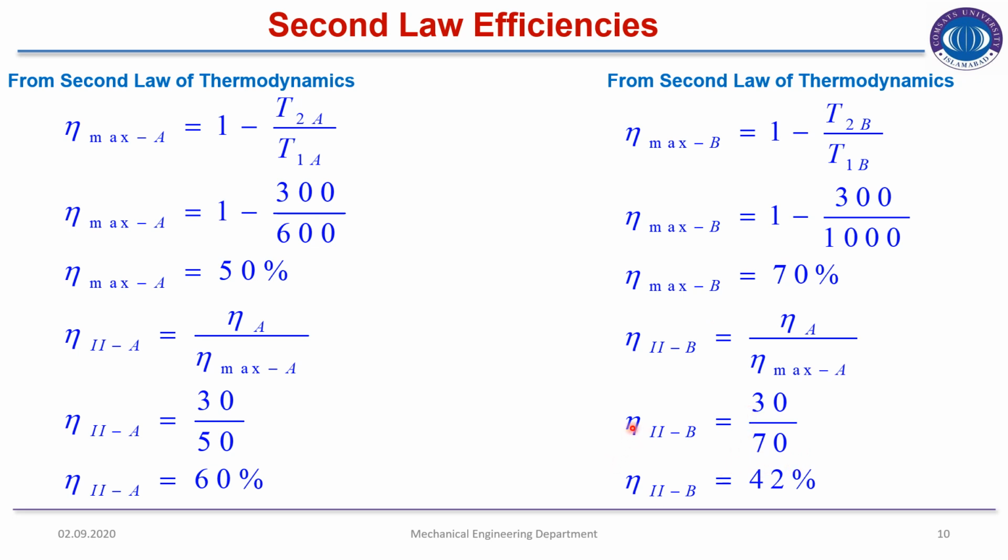So we take the ratio of actual efficiency and maximum efficiency. So second law efficiency for heat engine B is 42%.